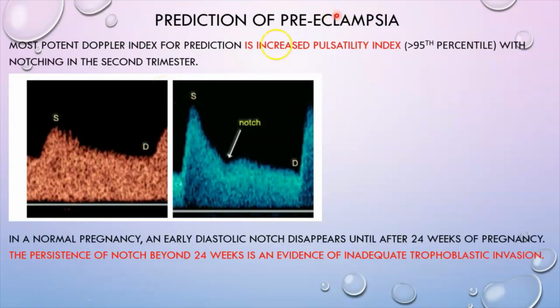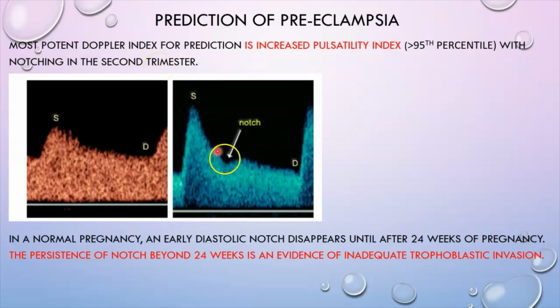Now, second is prediction of pre-eclampsia. Friends, you need to remember that the most potent Doppler index for prediction is the increased pulsatility index, that is more than the 95th percentile, and second, notching in the second trimester.